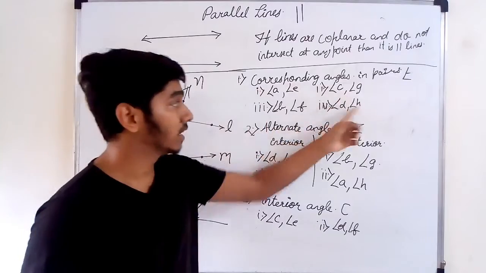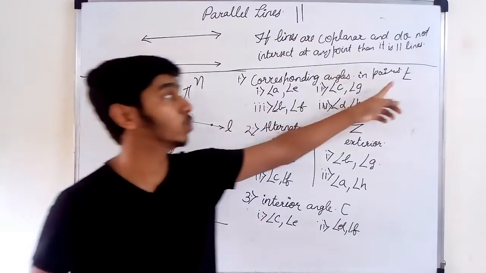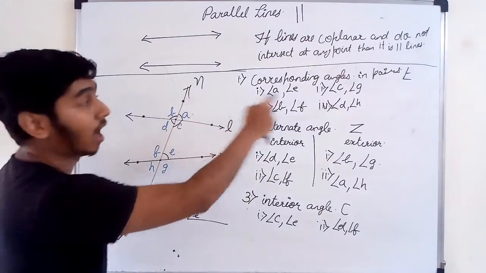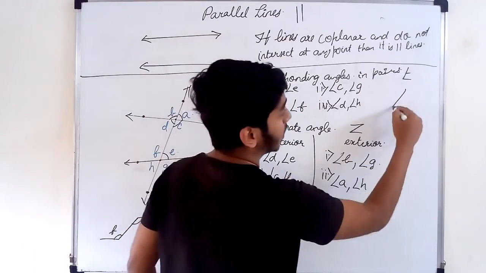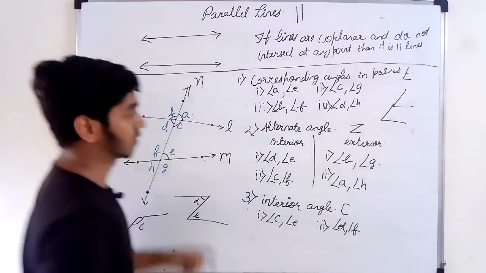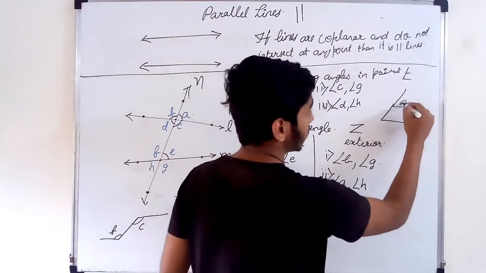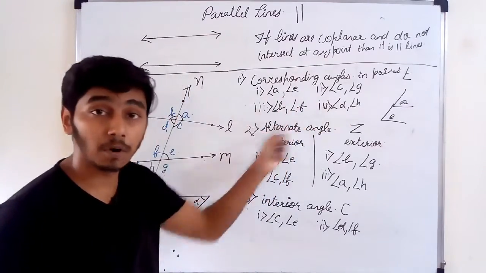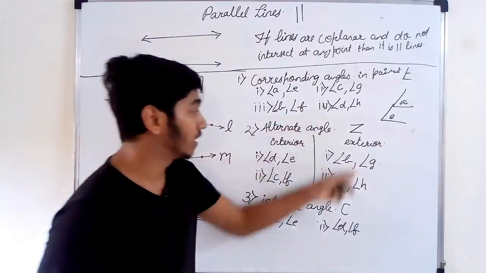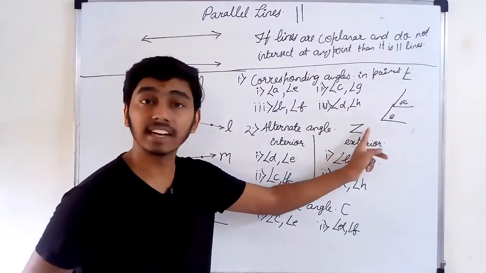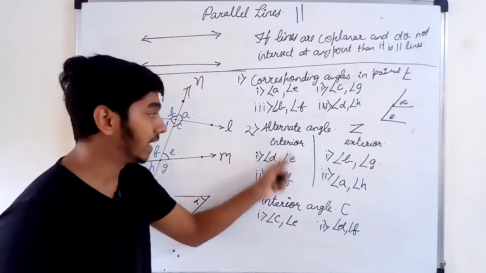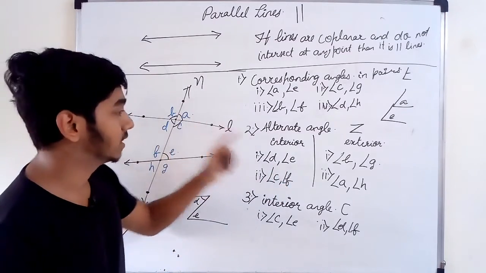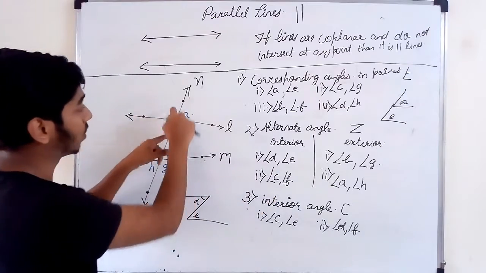So corresponding angles, remember as ulta F. The angles here are formed like this. So if I show it, it will be A and E. So that's corresponding angle. Then what is alternate angle? Remember it like Z. Interior angle you find like Z, and exterior angle is just opposite of the interior angle.